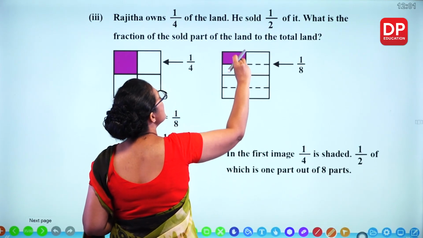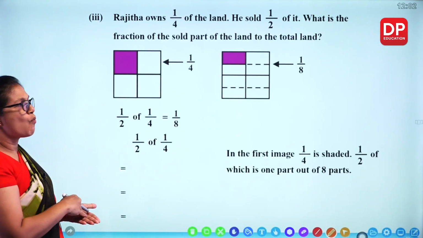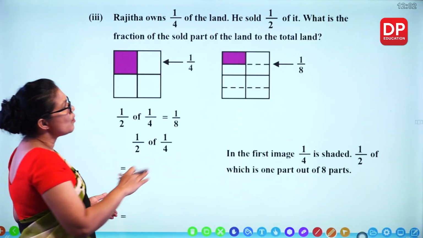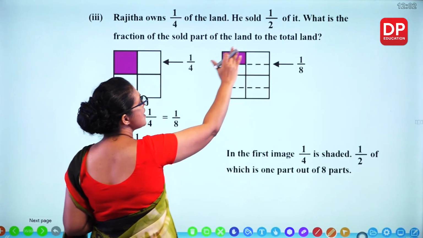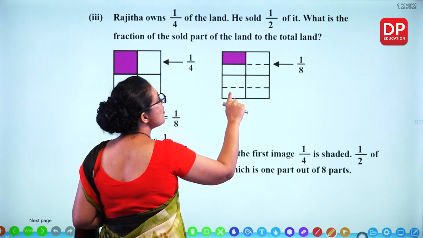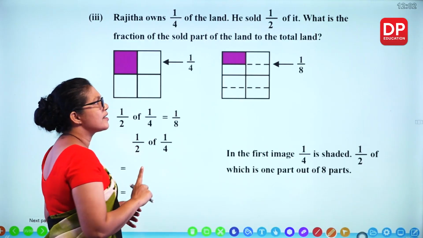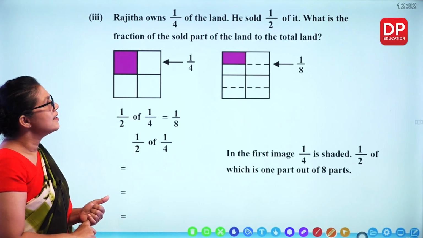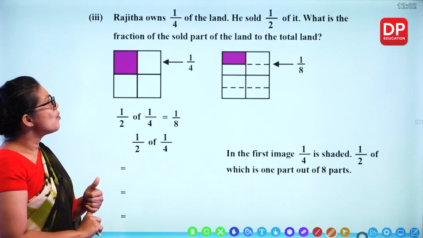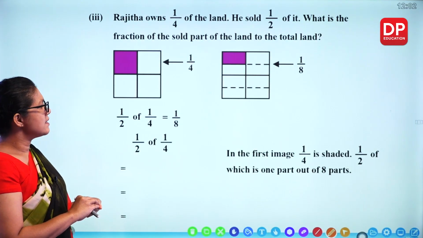So what's the part now? This part is half of 1/4. As a whole, how many parts are there now? If you divide this one into 8 equal parts, this is just one part. So what's the answer? Rajitha sold 1/8 of the land.